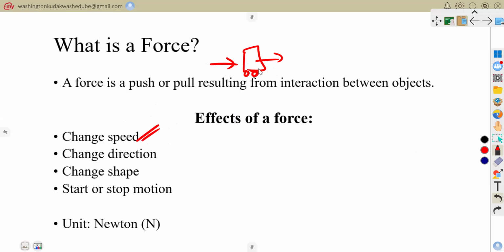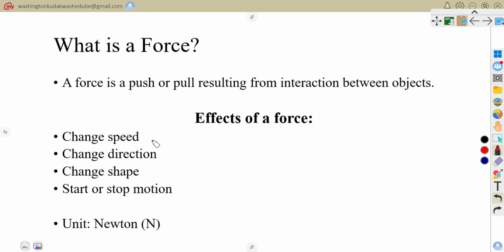If you apply an opposing force, it can reduce its speed. So one of the effects of a force is that it can change the speed of an object.